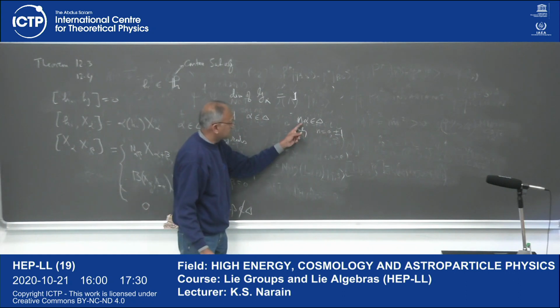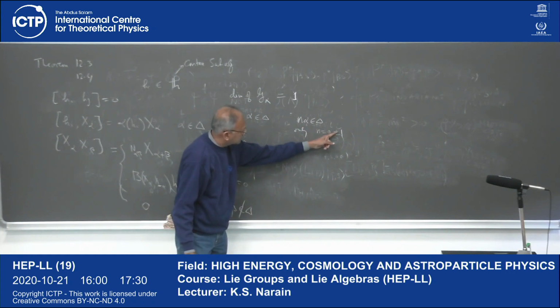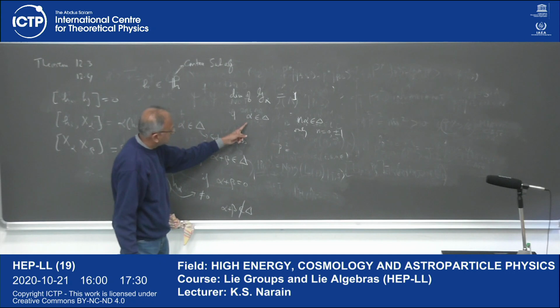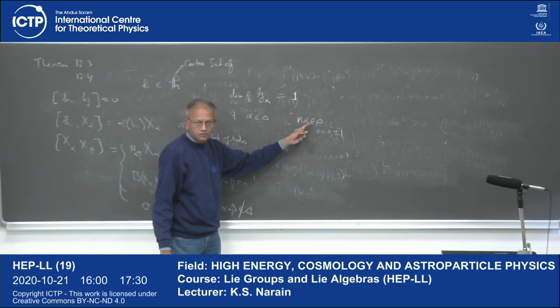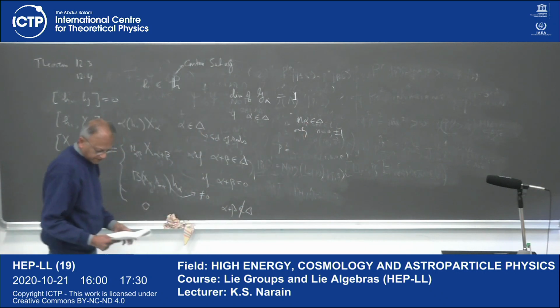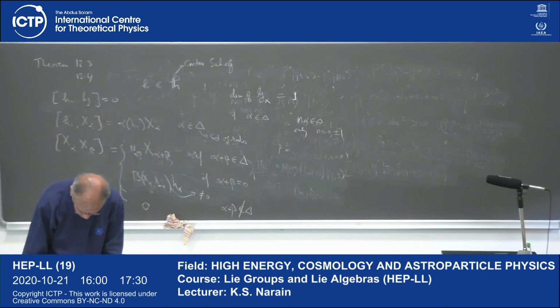Well, 0 means it's a Cartan, so forget the 0, but plus minus 1. So just X_alpha and X_{-alpha}. You don't have 2 alpha or 3 alpha and so on. So these were the main things that we did.